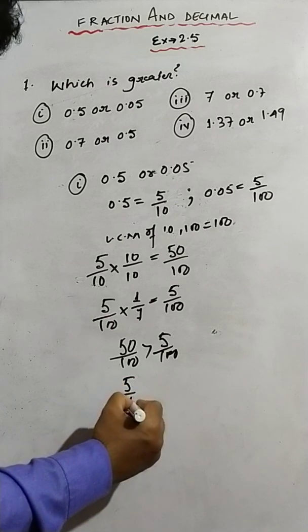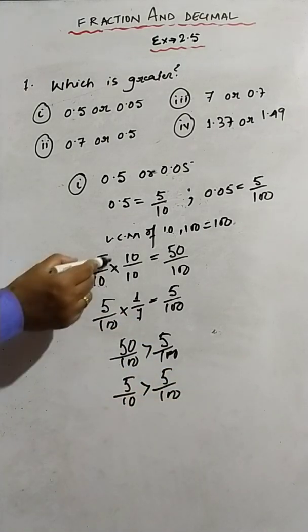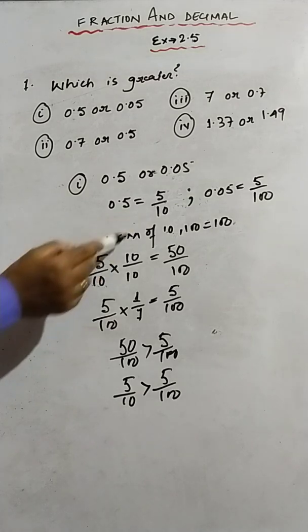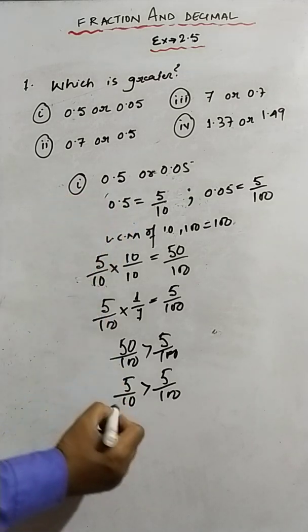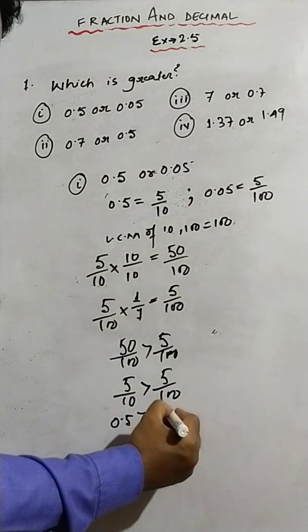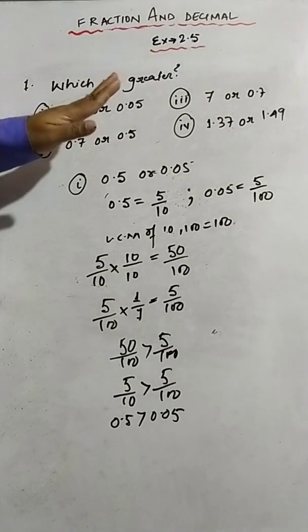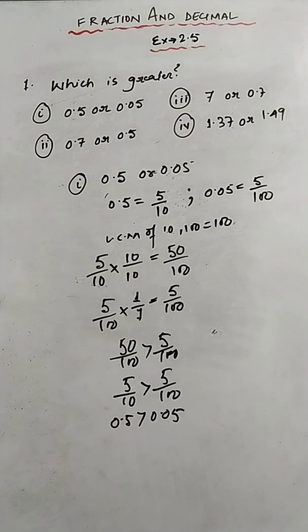So 5 by 10 is greater than 5 by 100. And 5 by 10 we are getting from which decimal form? 0.5. So we'll write 0.5 is greater than 0.05. So this is your final solution. Right? We will apply the same way on all the remaining sums. Fine. So let's do sum number 2.